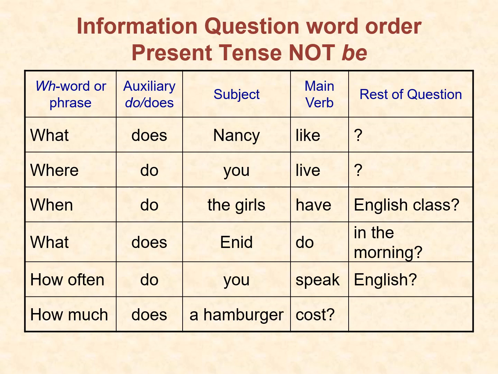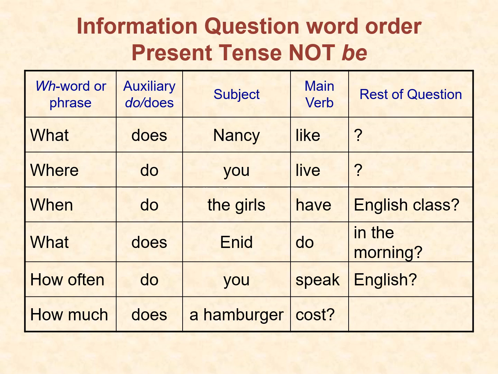When we have any verb, not the verb be, not am, is, or are, then in the present tense, to form an information question, we have to do something different. English requires either am, is, are, or some auxiliary verb to be placed before the subject in most questions.